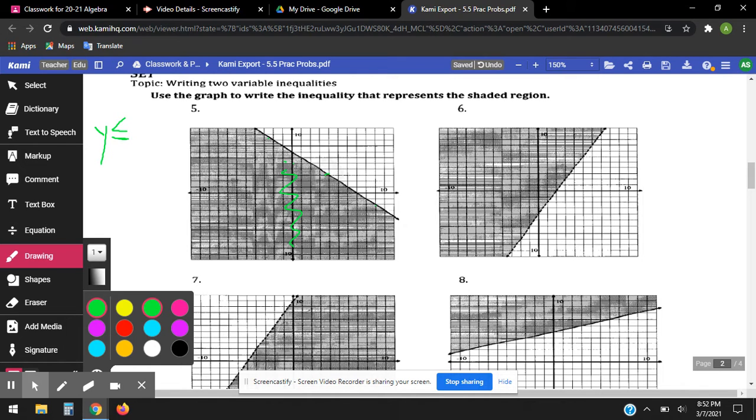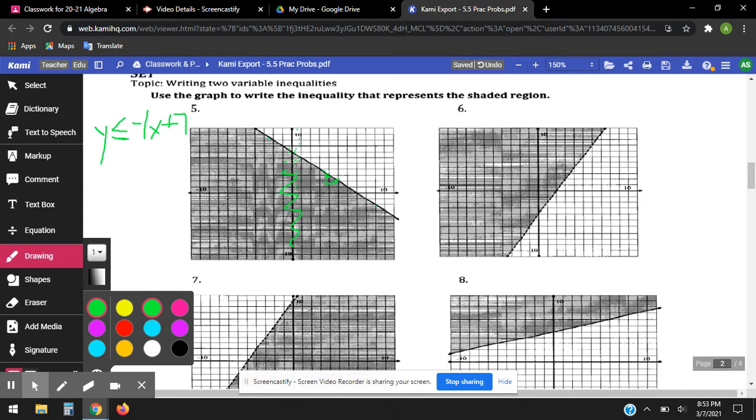It looks like it is a down 1 over 1, -1x. And then I start at, let's see, 1, 2, 3, 4, 5, 6, 7, plus 7. So -x plus 7. Y is less than or equal to.